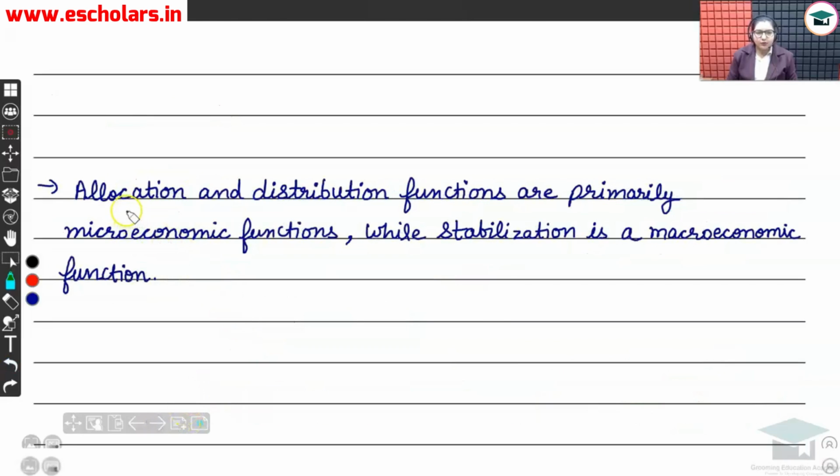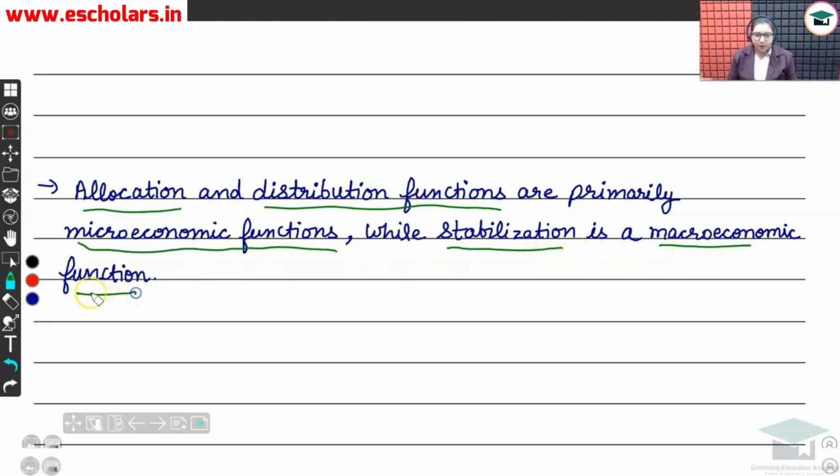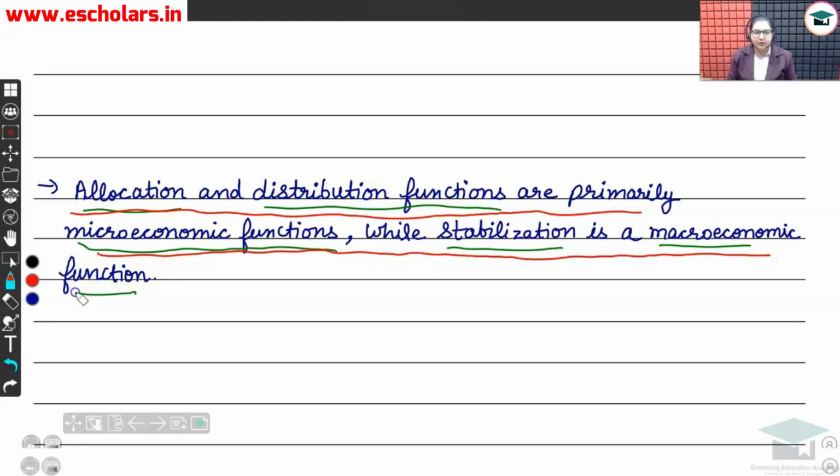Now students, out of these three functions, allocation and distribution functions, or you can say redistribution functions, are a part of microeconomic functions, whereas stabilization is a macroeconomic function. Okay, so let's recall it. Allocation and distribution functions are primarily microeconomic functions, while stabilization is a macroeconomic function.